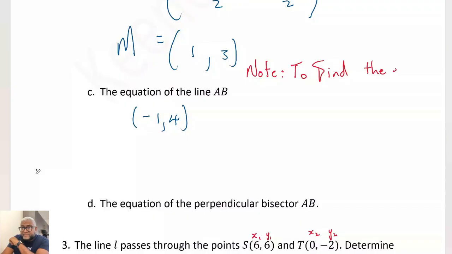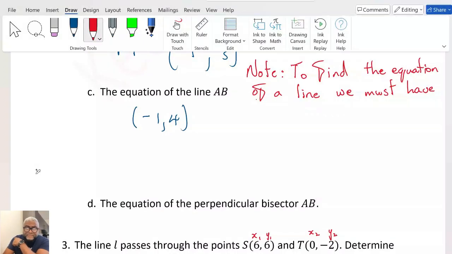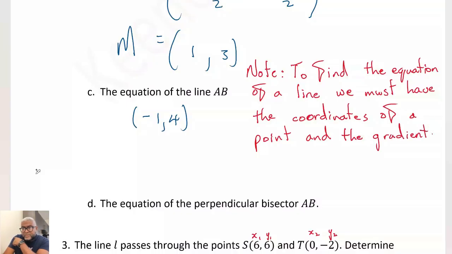To find the equation of a line, we must have the coordinates of a point and the gradient. All right?